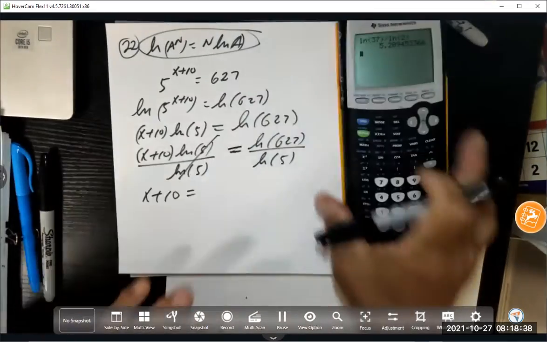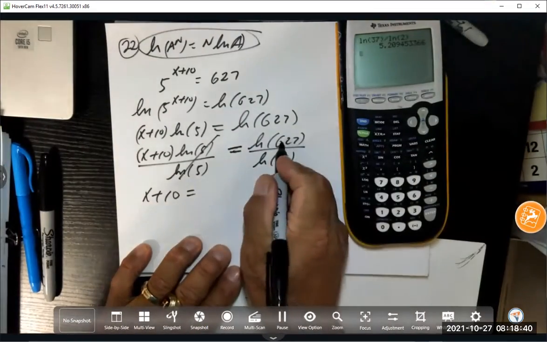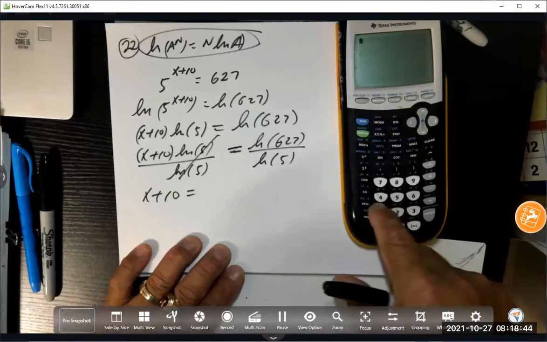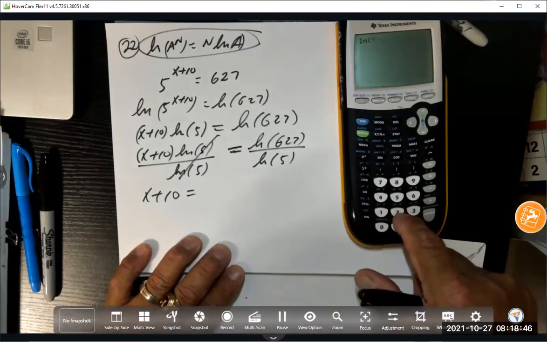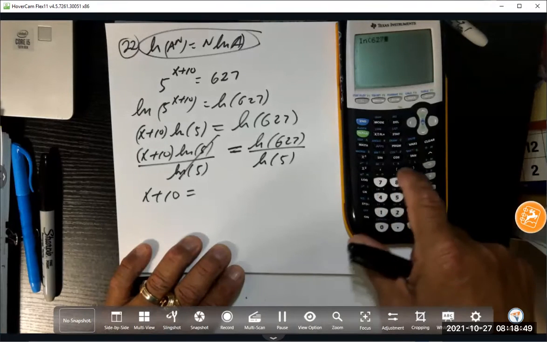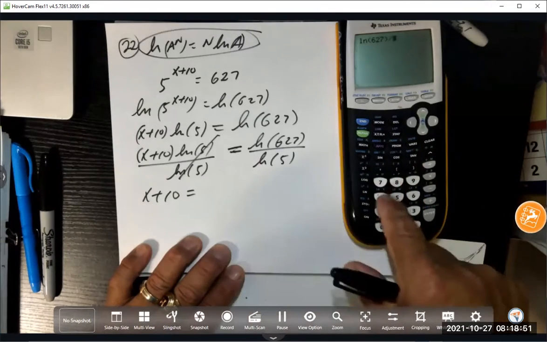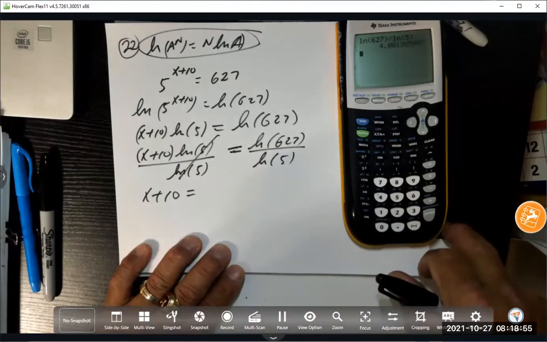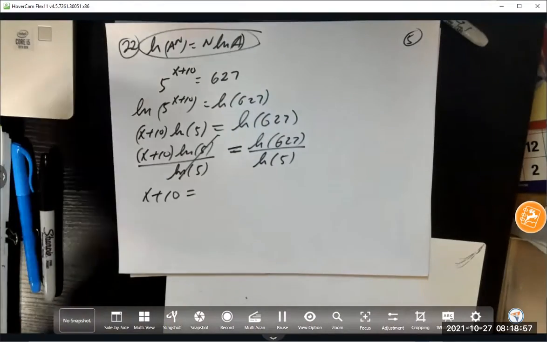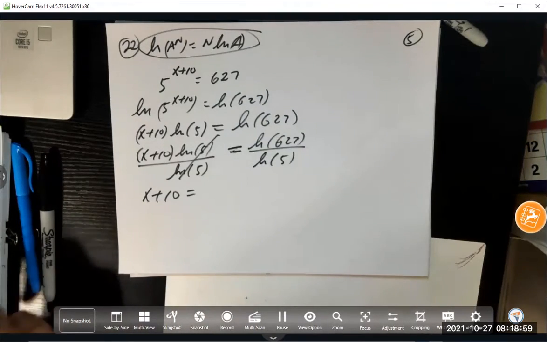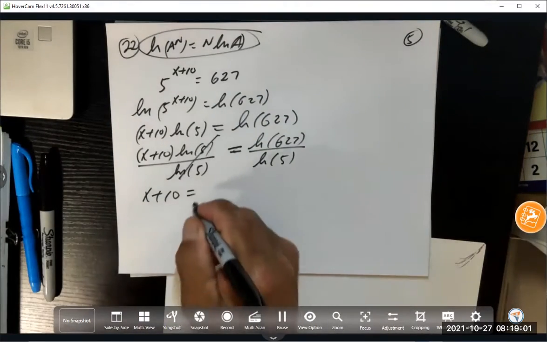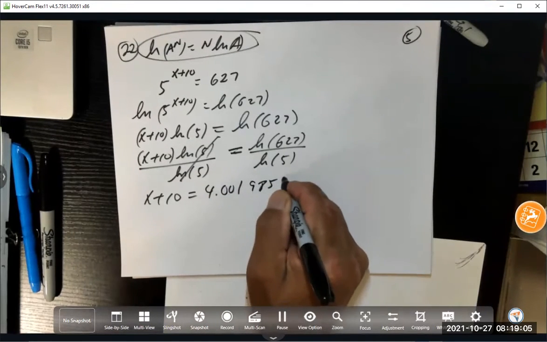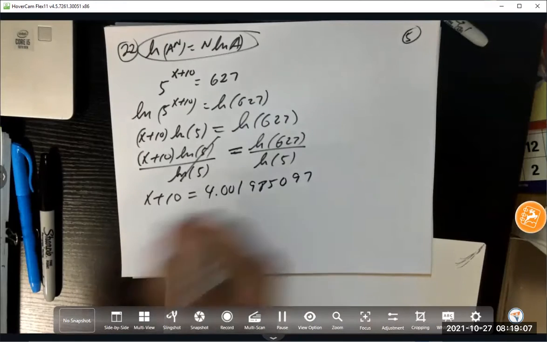Let me do it on my machine. Okay, so I'm gonna say ln of 627 divided by ln 5. I got a long number, 4.001, some other stuff. What'd you get? 4.00198509.7, like that, and decimals right here.